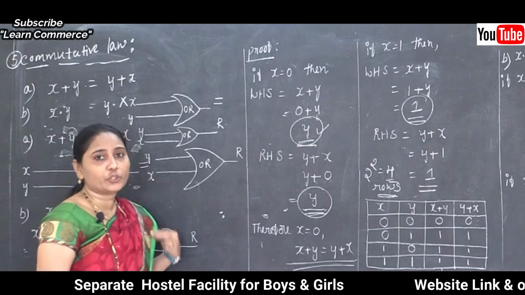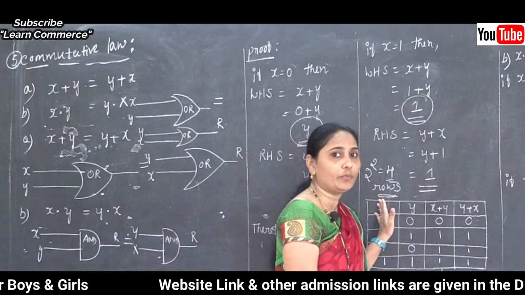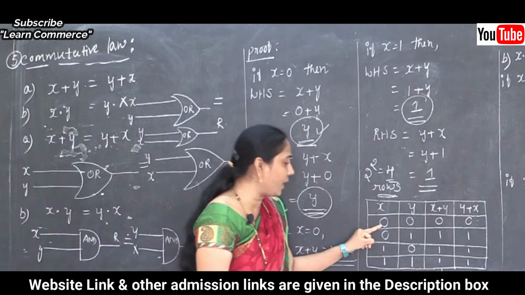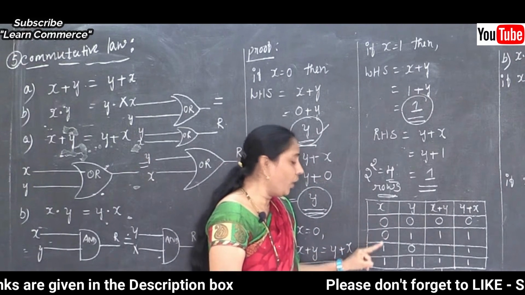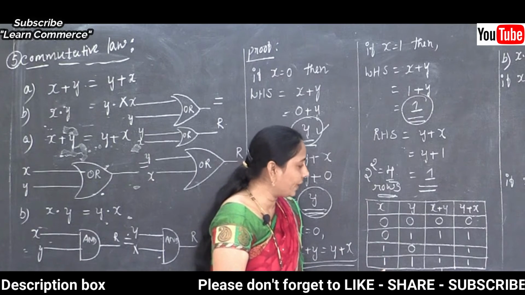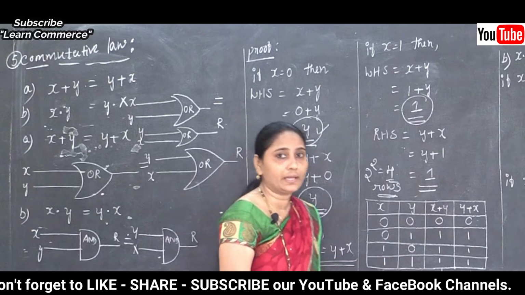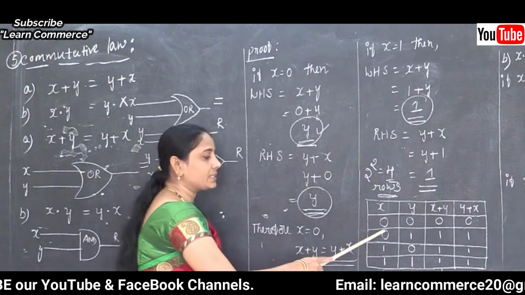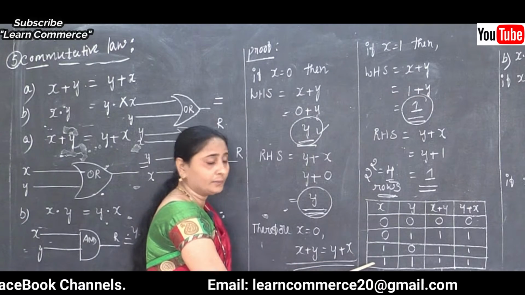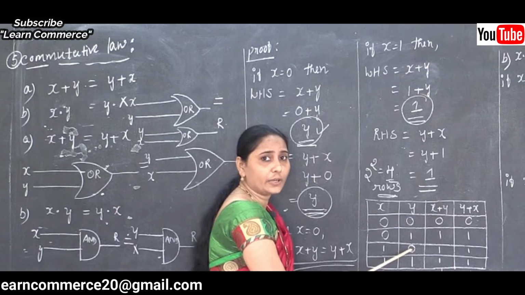In our 4 rows, the values in the x column are 0, 0, 1, 1, and in the y column the values are 0, 1, 0, 1. Clear this point? In the x column the values are 0, 0, 1, 1. In the y column the values are 0, 1, 0, 1.